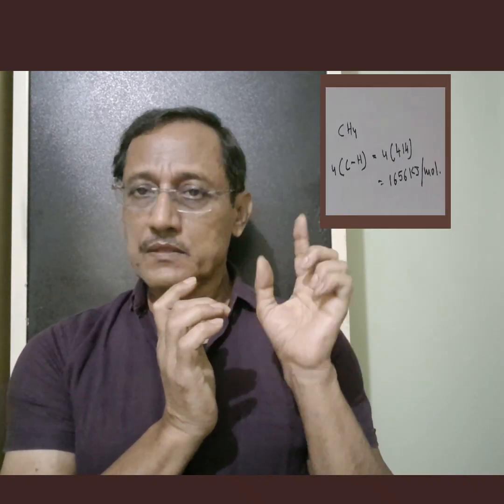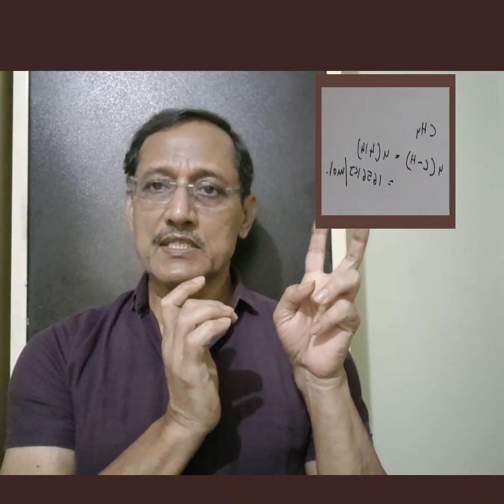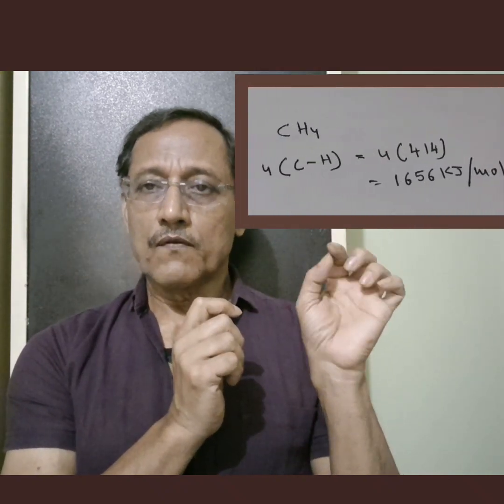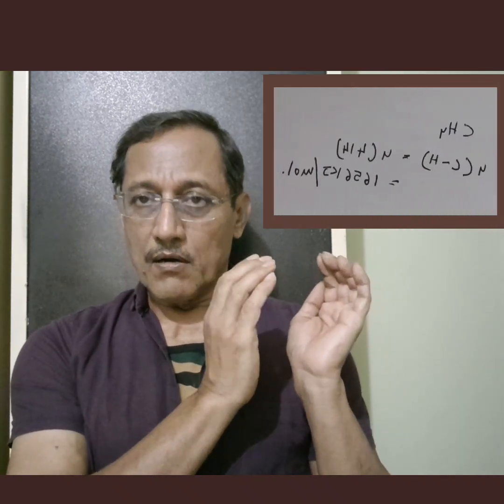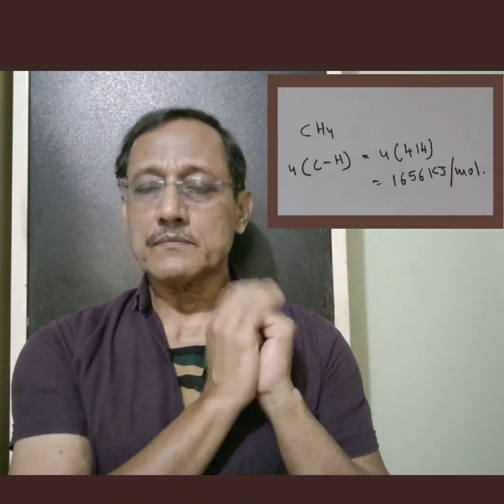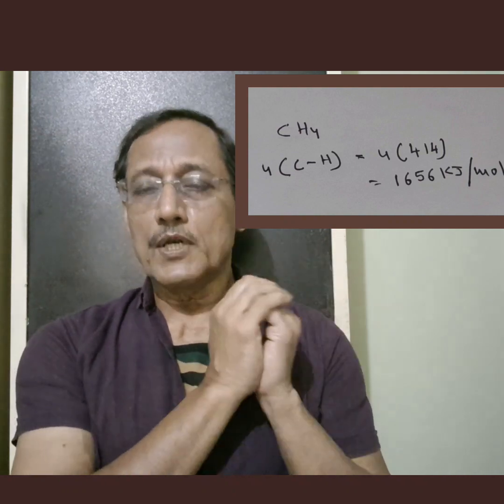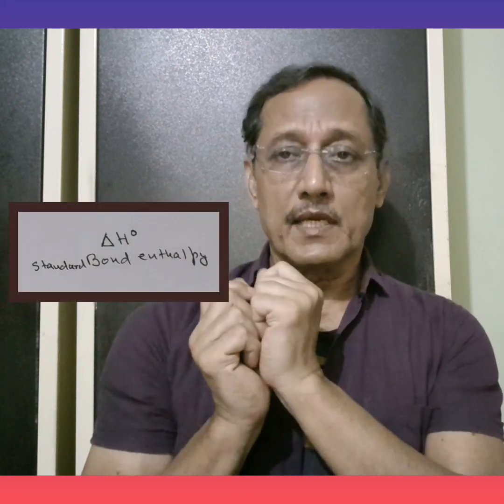So CH4 has 4 C-H bonds, so 4 into 414 would be the energy of formation of the CH4 molecule, those many kilojoules per mole. So that would be the standard enthalpy of formation.